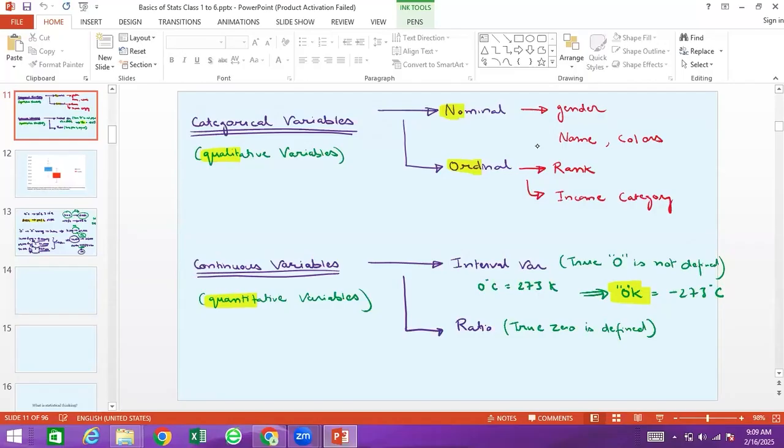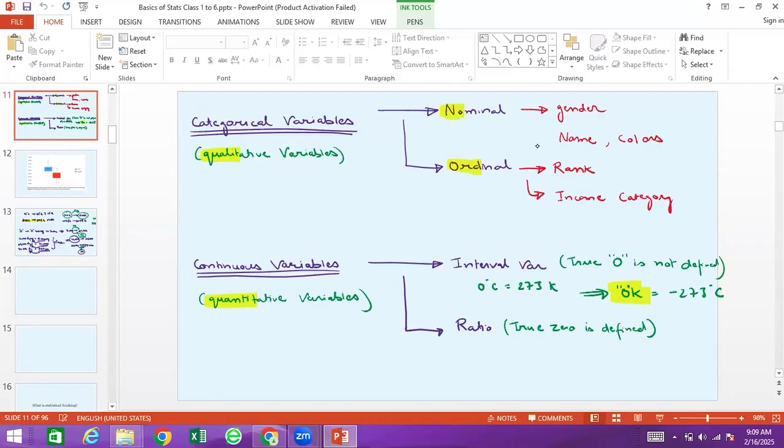So 0 Kelvin, for example, means absence of heat, and that means that once things reach 0 Kelvin, we cannot make them any cooler. Why can we not make it any cooler? Because to make anything cooler, you need to remove heat out of it, and at 0 Kelvin, we assume that there is no heat left in the system.